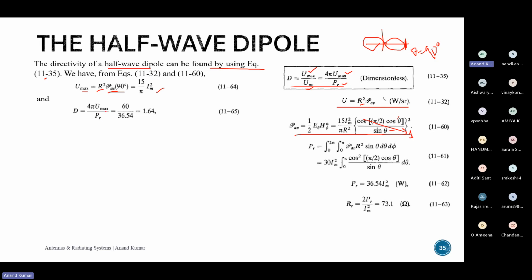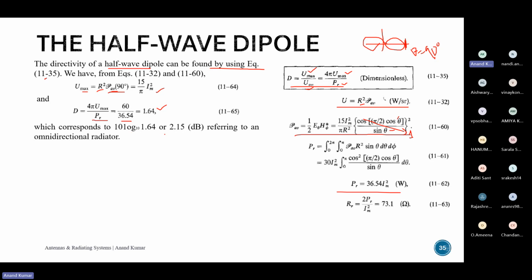From the previous slide we have the expression for P R as well, so substituting that, we have 4 pi into 15 upon pi, which is 60, and then we have 36.54 in the denominator, and we end up with directivity as 1.64.